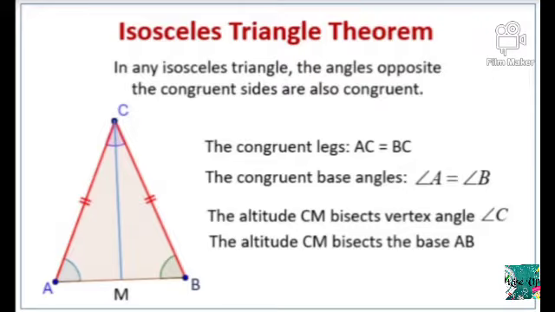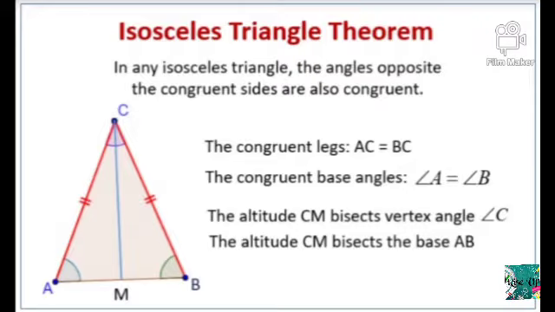In any isosceles triangle, the angles opposite the equal sides are congruent also. Now see the diagram properly. The side AC is equal to BC, and that's why we call it an isosceles triangle. Therefore, since AC equals BC, the angles CAB and CBA are equal.